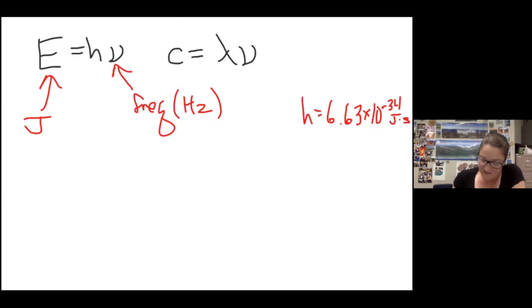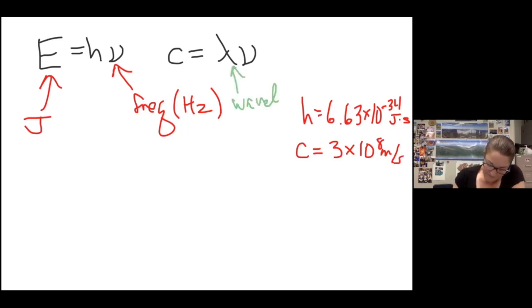Another equation we use is c equals lambda nu. C is the speed of light, which is 3 times 10 to the 8th meters per second. Lambda is the wavelength, and that's in meters. And again, nu is still frequency.